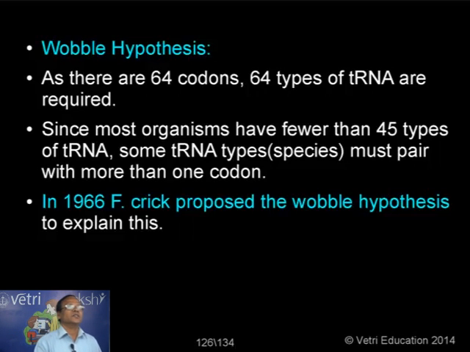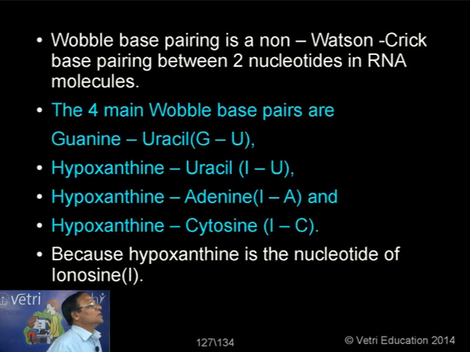by Francis Crick in 1966. So in 1966, Francis Crick proposed the Wobble hypothesis to explain why the tRNAs are fewer in number than the codons in some organisms. Now Wobble means movement. So what do you mean by Wobble base pair?